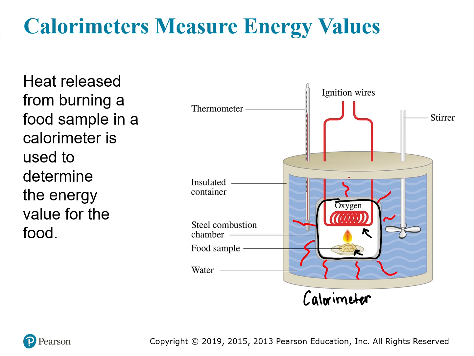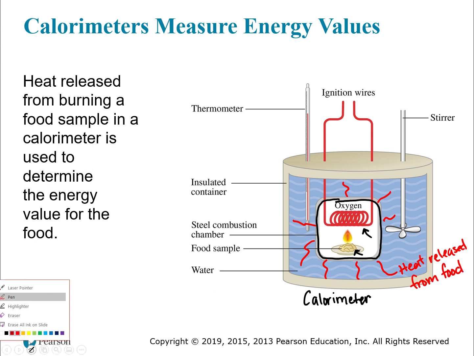So all these red squiggles, that's heat released from your food sample. That heat is absorbed by the water that is on the outside of that steel combustion chamber.